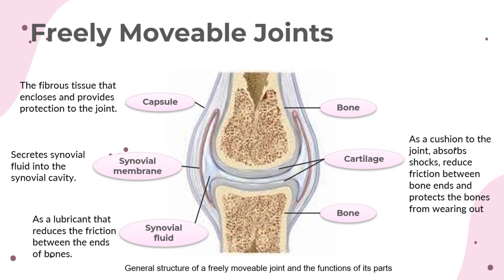Remember, the synovial membrane can only be found at the joint. What is the function of the synovial membrane? It secretes or produces synovial fluid into the synovial cavity. So this is the synovial cavity.